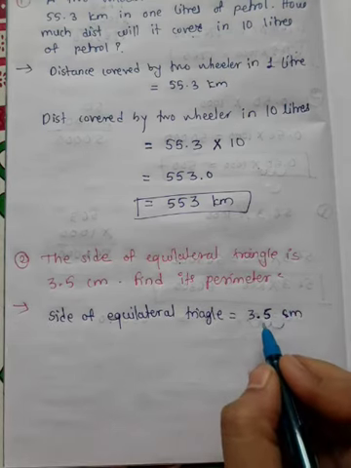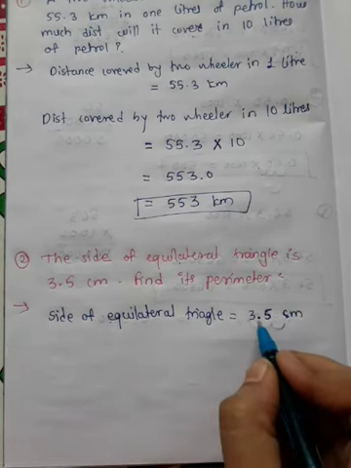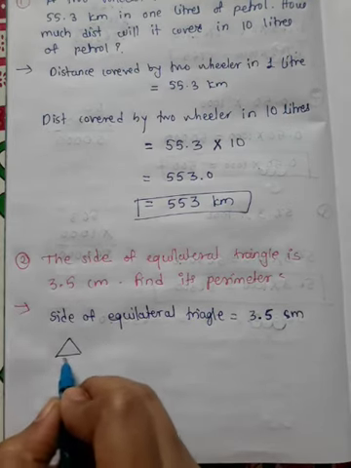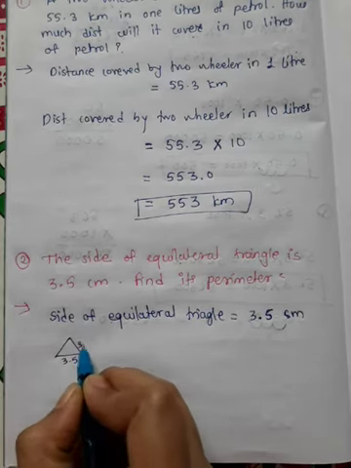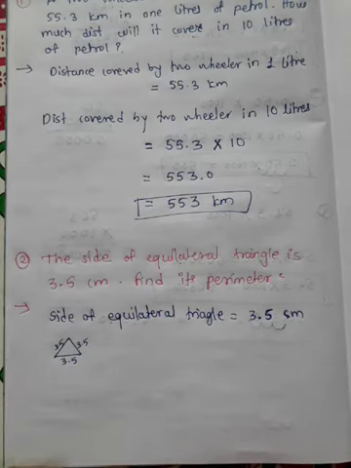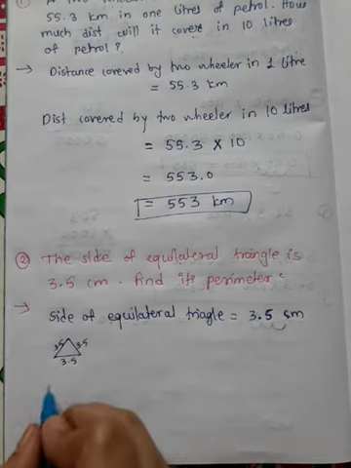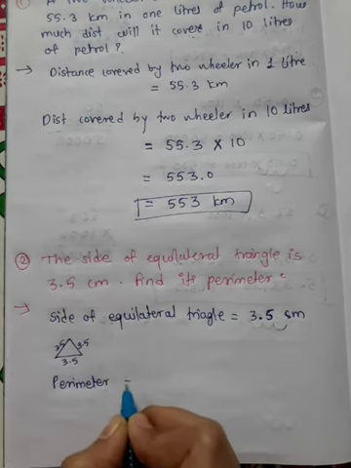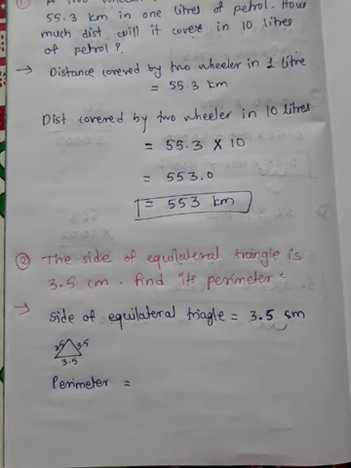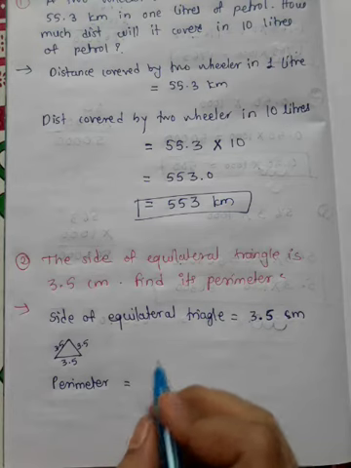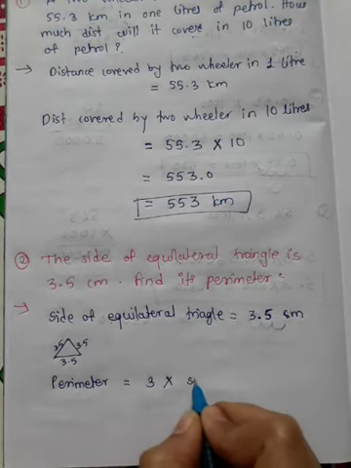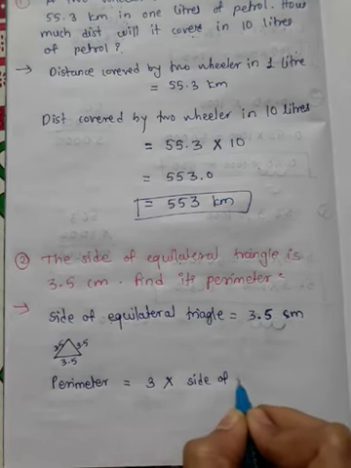We have to find the perimeter. You know the formula: the perimeter of an equilateral triangle is 3 times the side of the equilateral triangle.